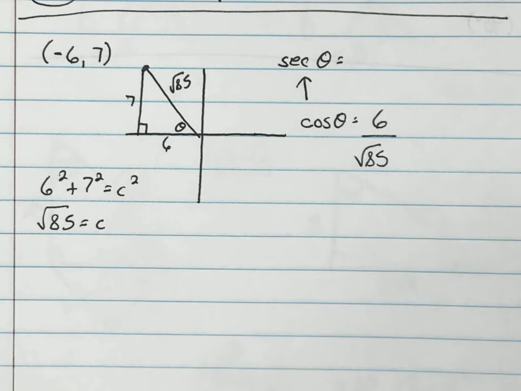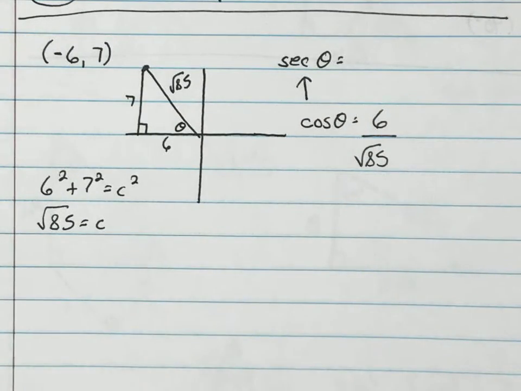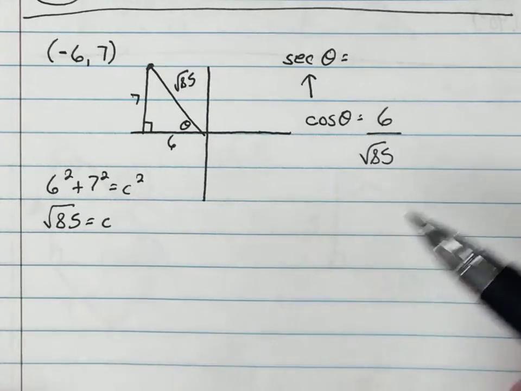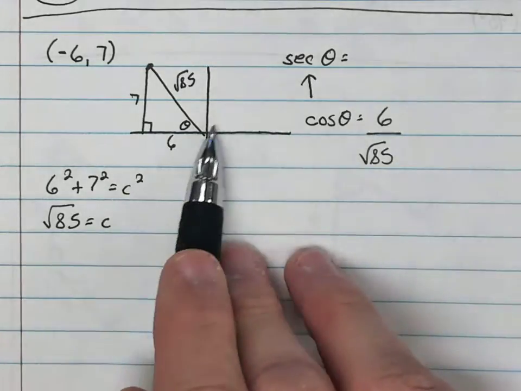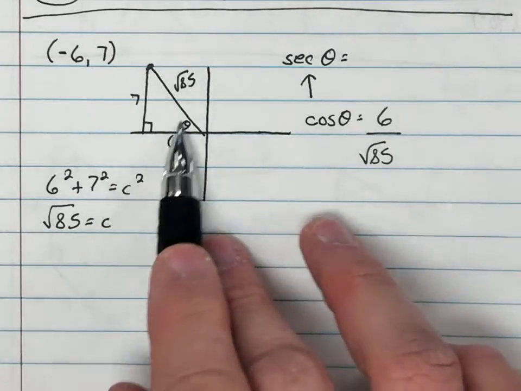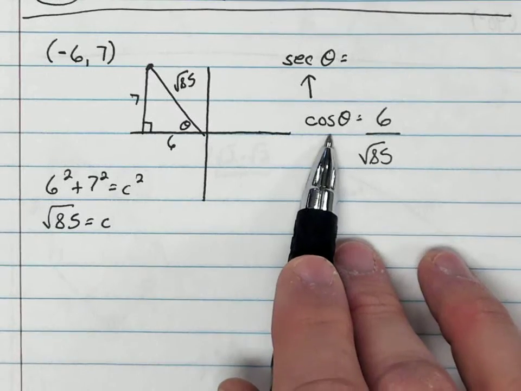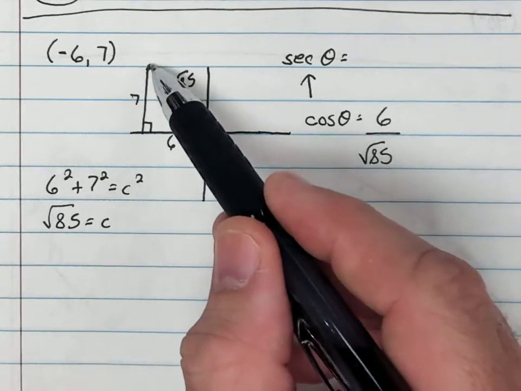But you've got to be careful of something. I take away my negatives. I don't even worry about the negatives because I know that all students take calculus, and I know what's positive and what's negative and where it's positive and negative. Since we're dealing with the second quadrant, cosine is an x value. Cosine is how far left or right this point is.